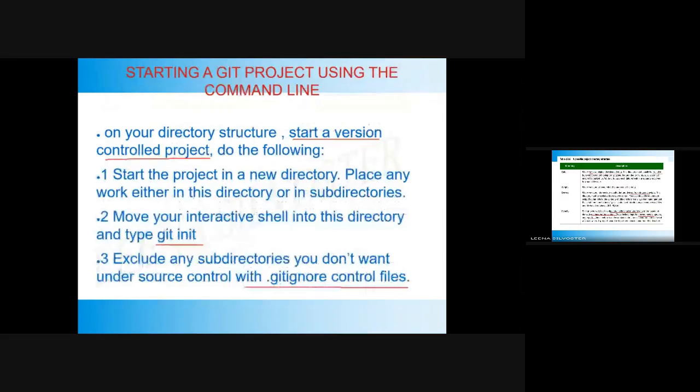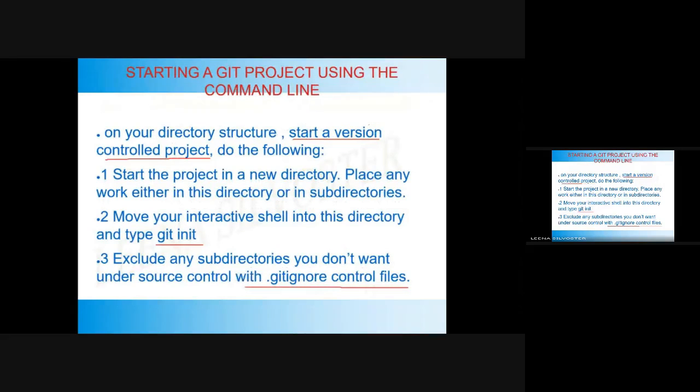Starting a git project using the command line. You can start a version controlled project by starting a project in a new directory, placing all your work in the subdirectories, and then typing git init in the command prompt in the terminal. That is not in the RStudio terminal. You can use the ordinary Ubuntu terminal.